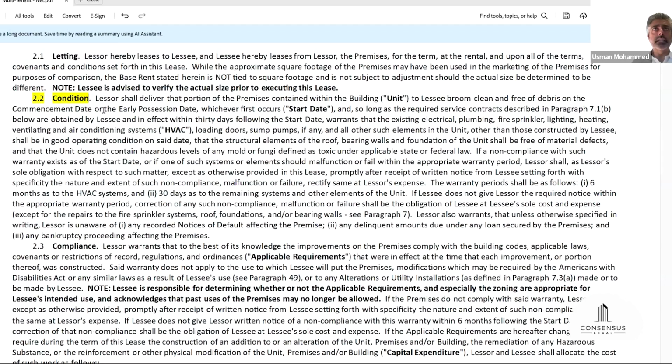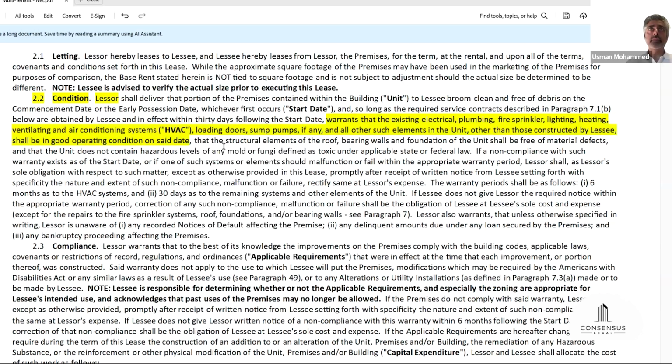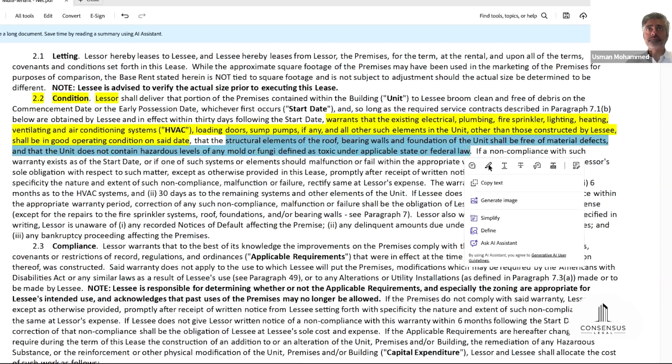The AIR CRE lease contains what I refer to as the premises warranty. And in the premises warranty, lessor warrants that the building systems are in good operating condition, and all other elements in the unit, that the structural elements of the roof, bearing walls, and foundation are free of material defects, no hazardous levels of mold or fungi.